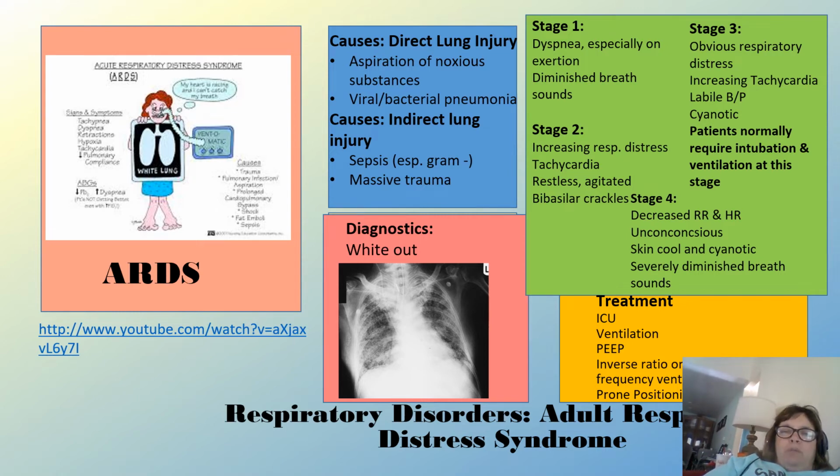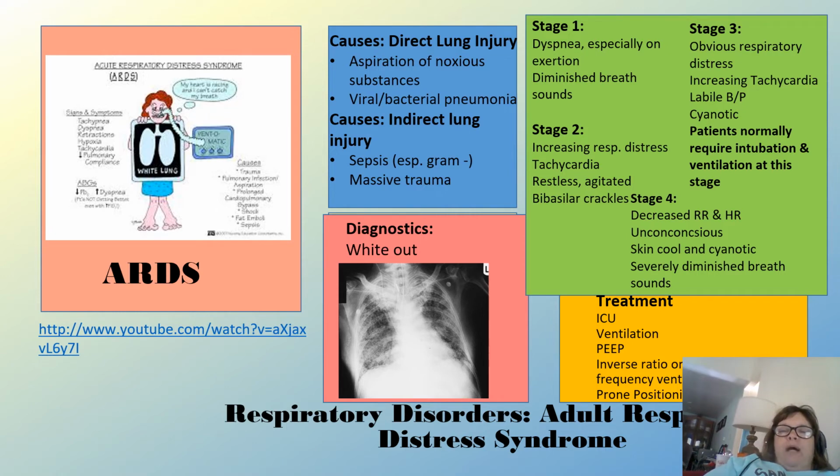The capillary membranes become damaged and more permeable, and so the alveoli will fill with fluid. The surfactant is inactivated. They get congestive atelectasis, alveolar debris, and membrane formation. And because of that, it's a whiteout on the x-ray, but sometimes they describe it as looking like ground glass on the x-ray.